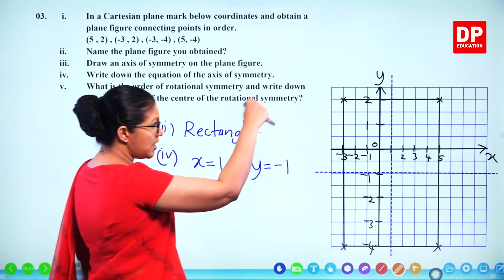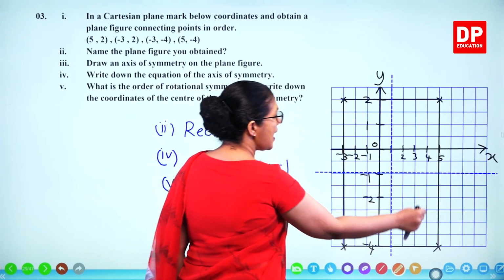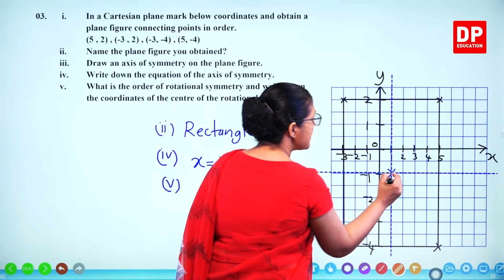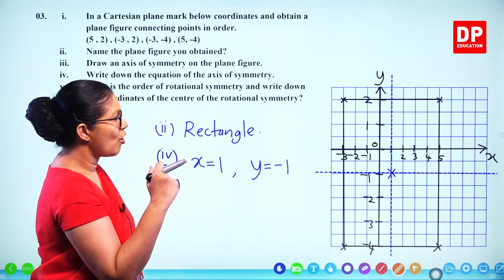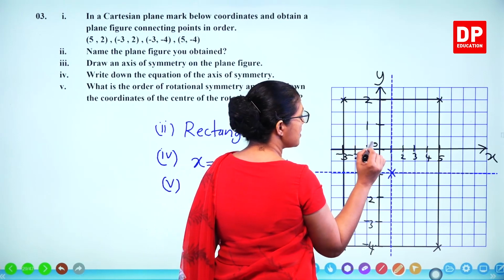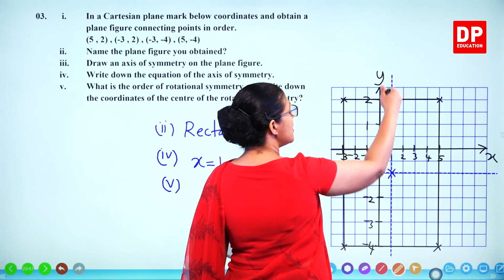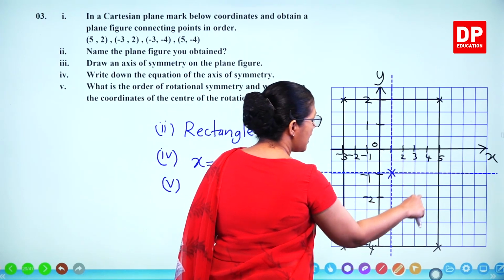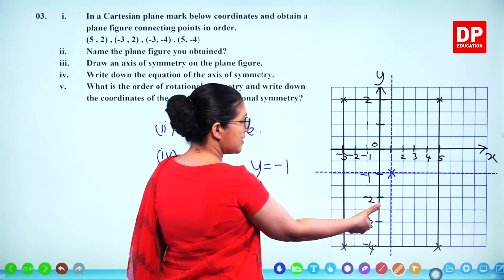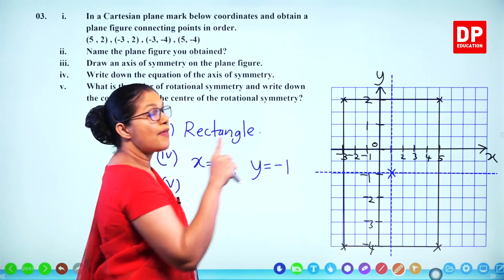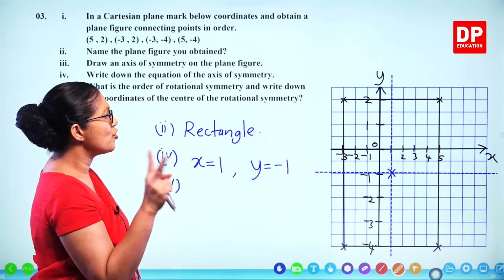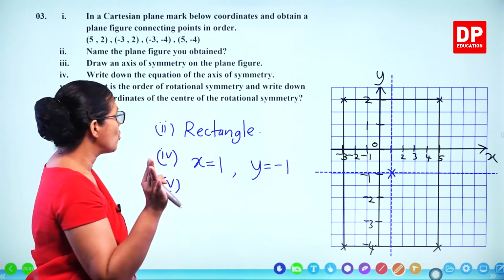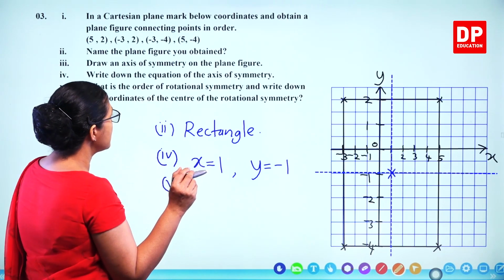So when you are rotating, you are getting same figure twice from here. So here this should be the center. The middle point of the figure is the center. So when you rotate from here 0 clockwise, so when you rotate 180, you get the same shape. Again another 180, 360 also, you get another same shape again. So twice.